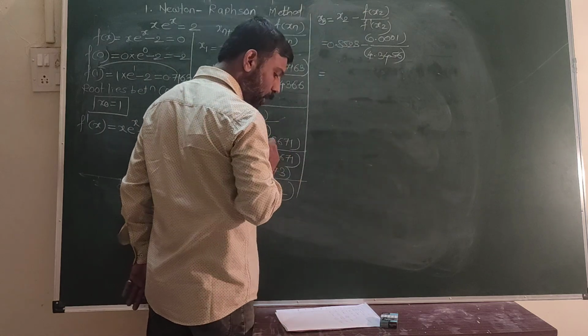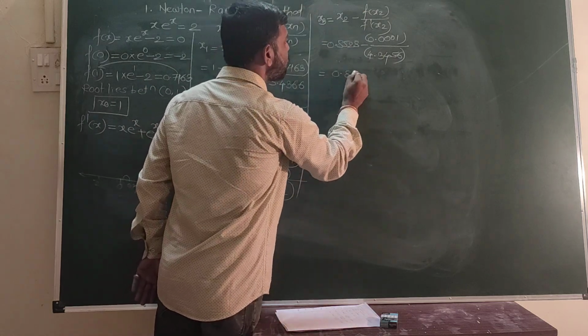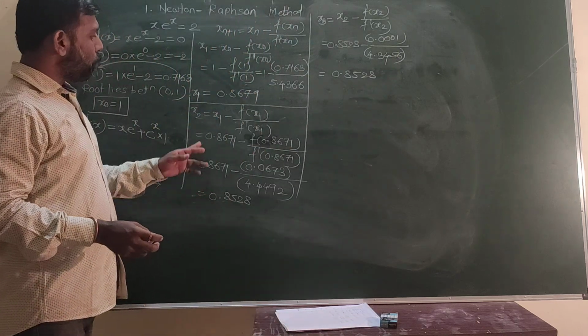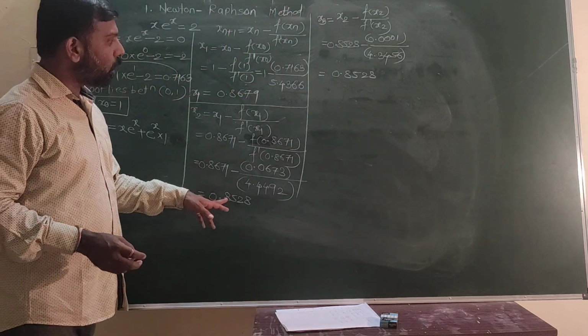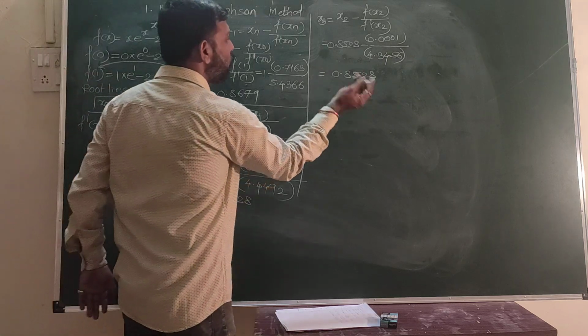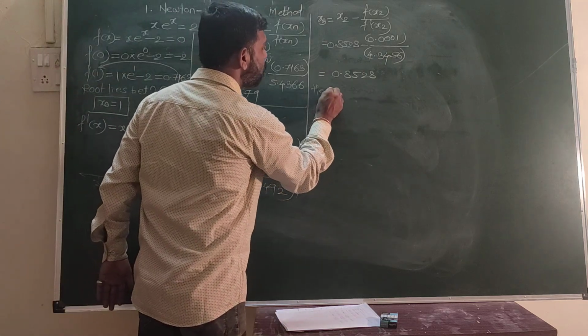This calculation becomes x3. Now compare these two approximations, x2 and x3. So we have corrected up to 4 decimal places. So we will not go ahead for the fourth approximation.